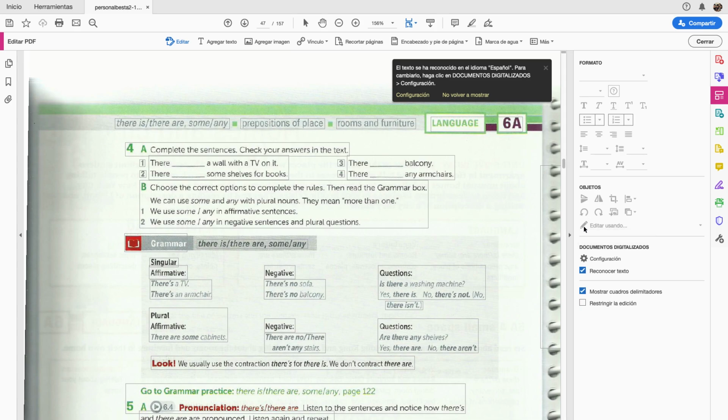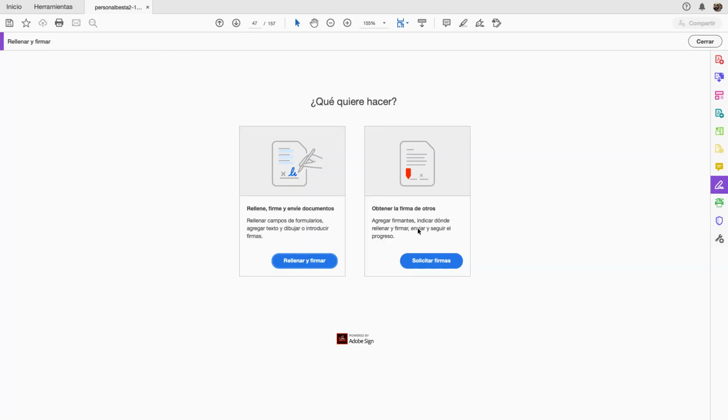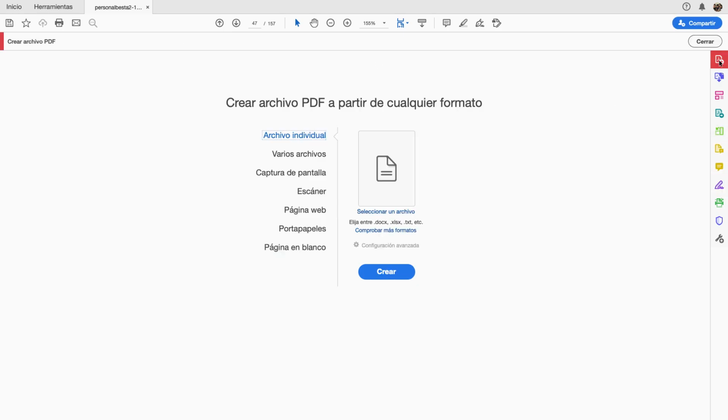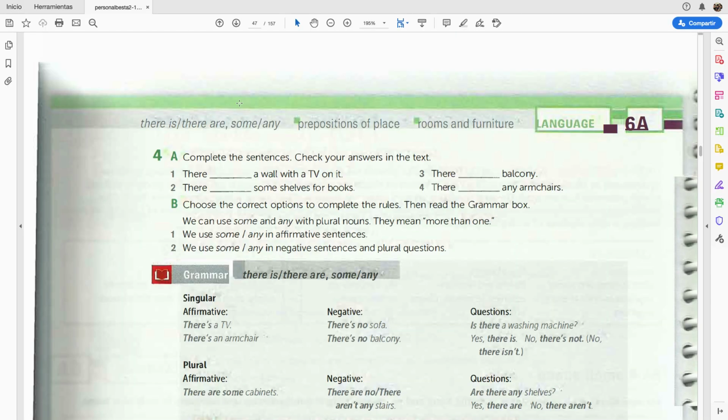Oh no, it's not possible. Sorry guys, but I wanted to write something here. I don't know what I did now. Oh, what happened? So I'm not gonna try to write something here again because otherwise I'm going to lose this document.